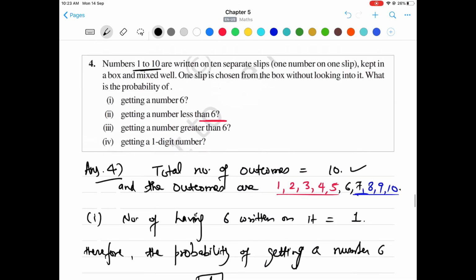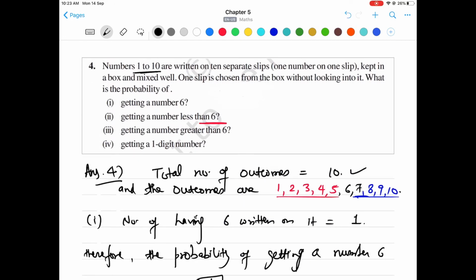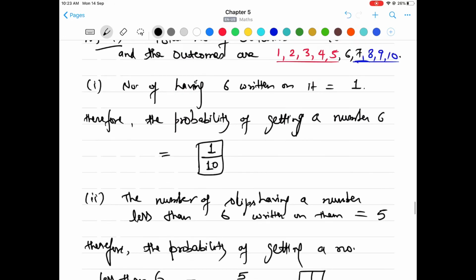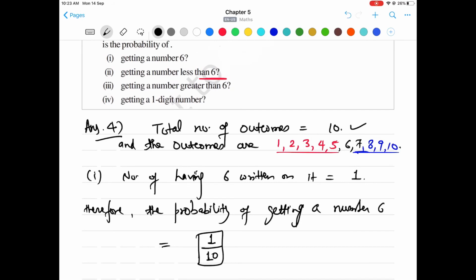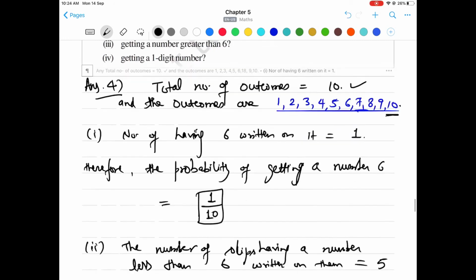Okay, and the last one is getting a one digit number. So out of all these numbers, we have only one number which has 2 digits, and that number is only 10. Remaining numbers have only 1 digit.